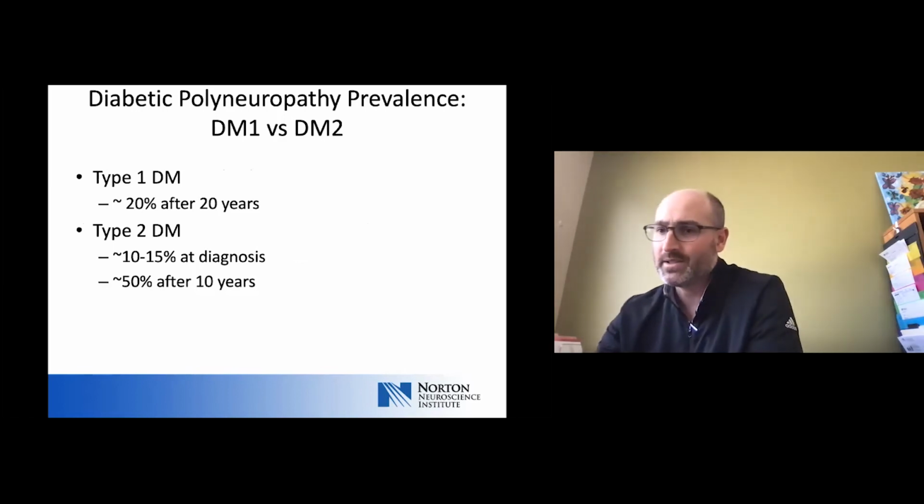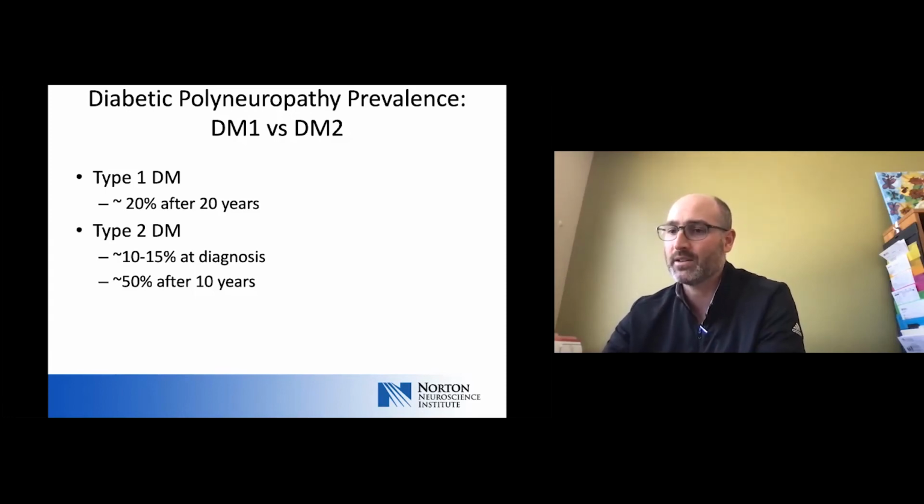We tend to see diabetic neuropathy occur earlier after diagnosis in type 2. In type 1 diabetes, the prevalence is about 20% at 20 years. And in type 2, it's about 50% at 10 years, with about 10 to 15% already affected at the time of diagnosis.